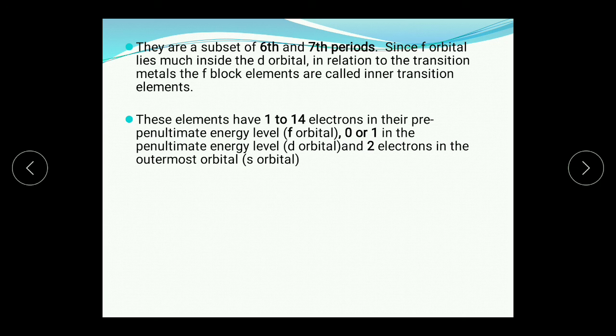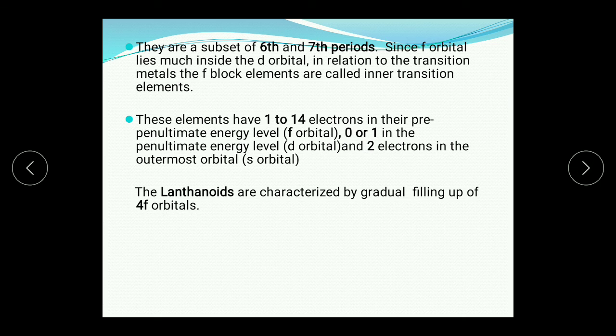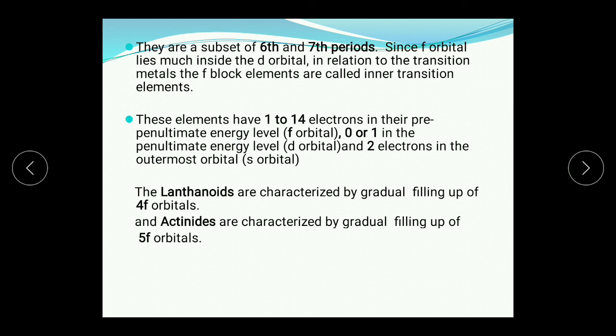So, these elements have 1 to 14 electrons in their pre-penultimate energy level, that is f orbital. 0 or 1 electrons are there in the penultimate energy level, that is d orbital, and 2 electrons are in the outermost orbital, that is s orbital. The lanthanides are characterized by gradual filling up of 4f orbitals, while actinides are characterized by filling up of 5f orbitals.